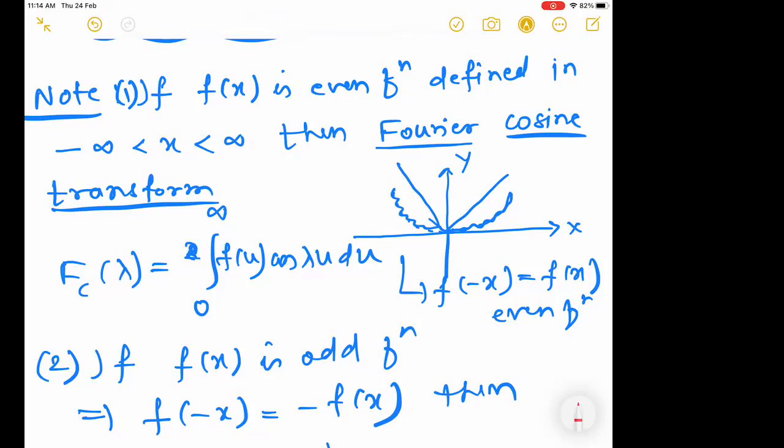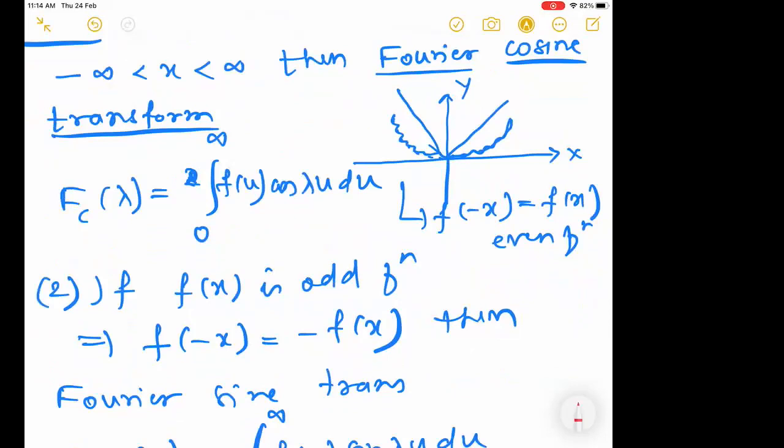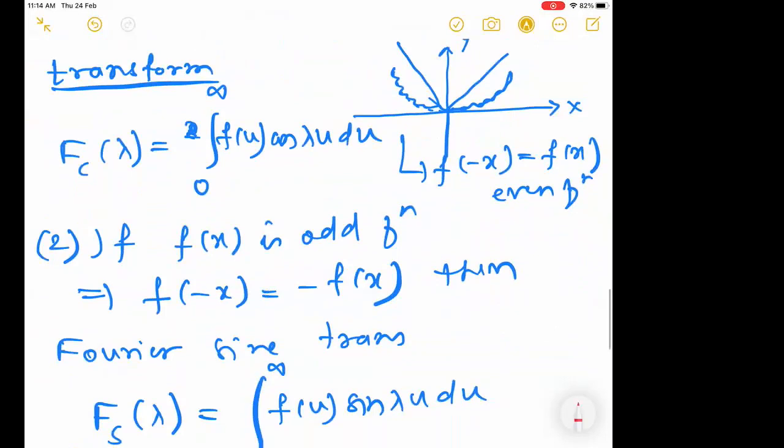A cosine function is also an even function. So you can have the even function definition with f(-x) equal to f(x), which is defined as Fc(lambda). And similarly, if the function is an odd function defined from minus infinity to plus infinity, an odd function means it will be symmetrical in the opposite quadrant.